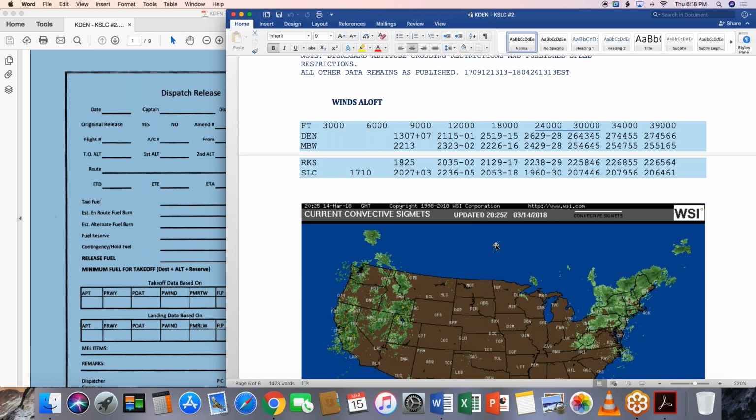The reason, once again, we're not using KSLC and KDEN here is because winds are not planned on climb and descent. What if those 2 points are the only ones you have?